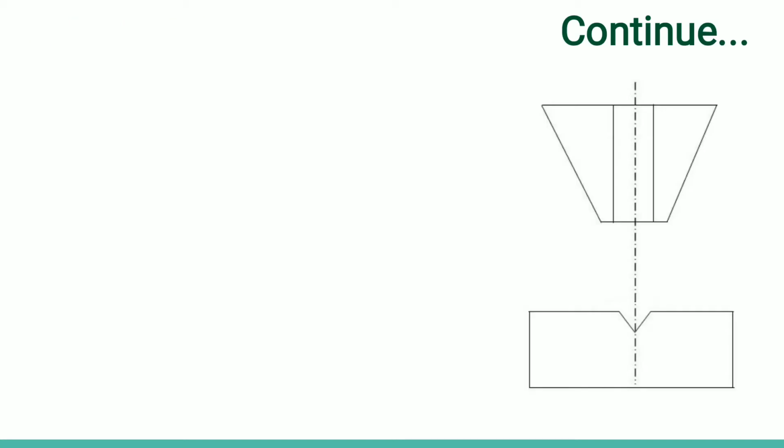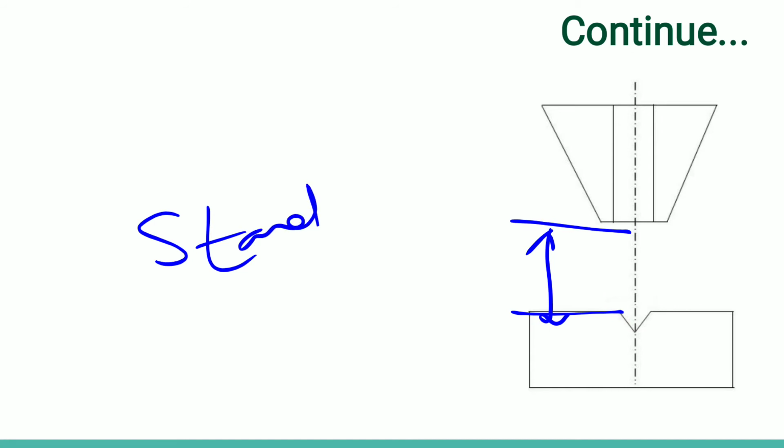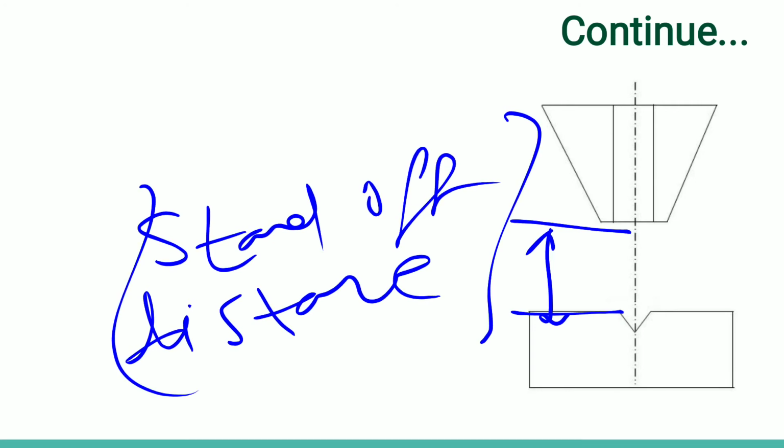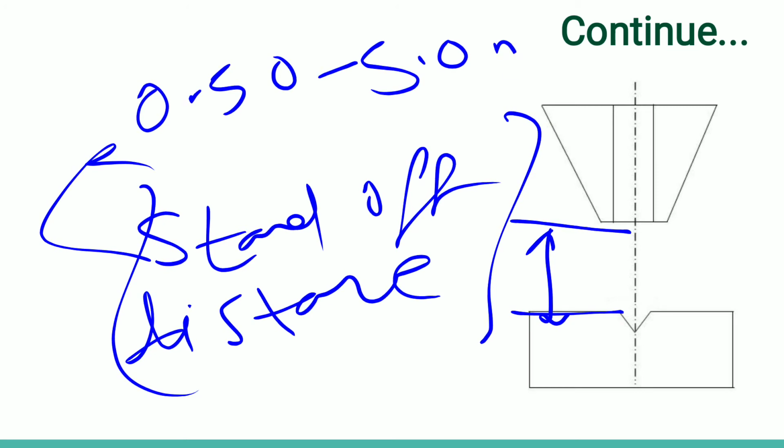Next, again I'm using this figure because there is one most important characteristic, that is this distance. We call this distance the standoff distance. The range of this standoff distance is 0.5 to 5 mm.